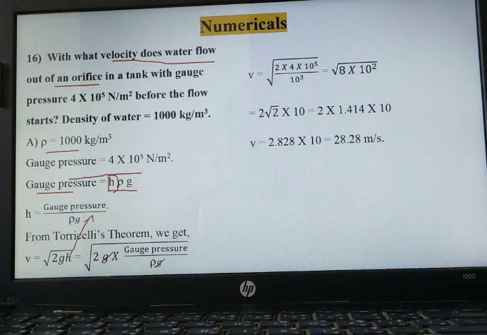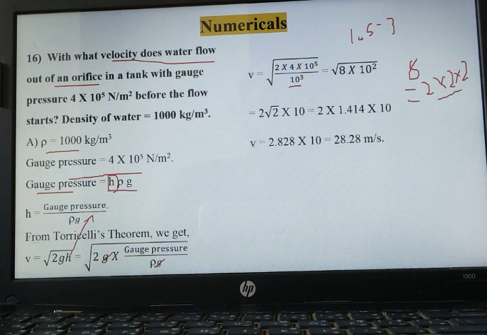Gauge pressure is 4 into 10 raised to 5, upon 10 raised to 3. As the 10 raised to 3 goes upwards, it will be 10 raised to 5 minus 3, so we will be getting 10 raised to 2. So it is 8 into 10 raised to 2. 8 can be split as 2 into 2 into 2.